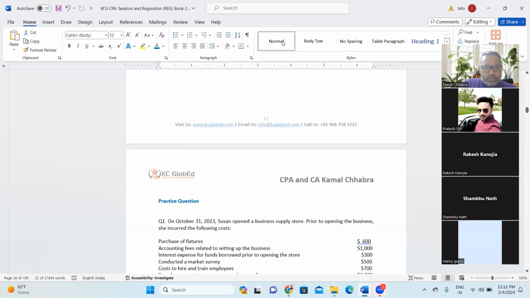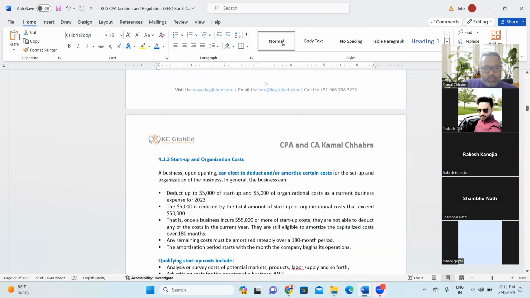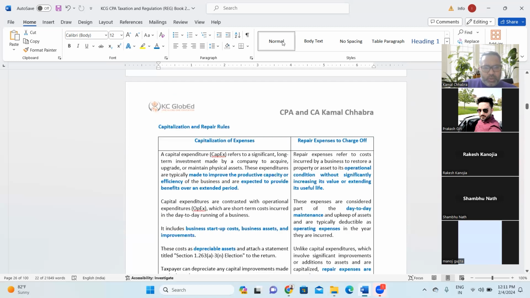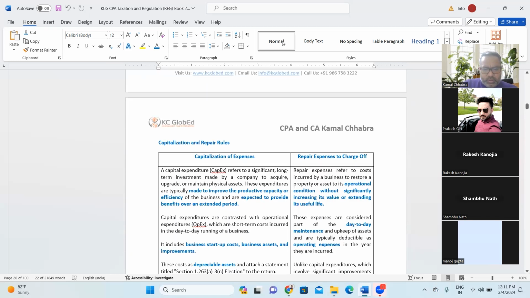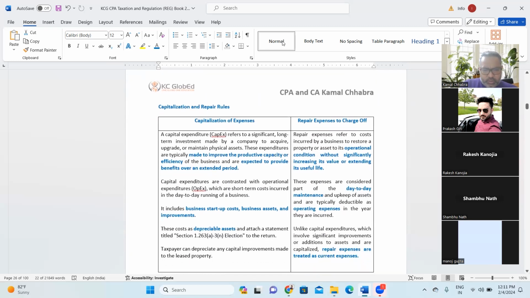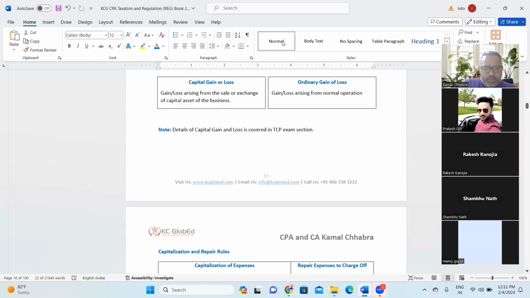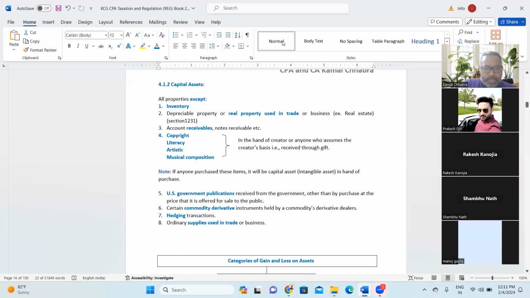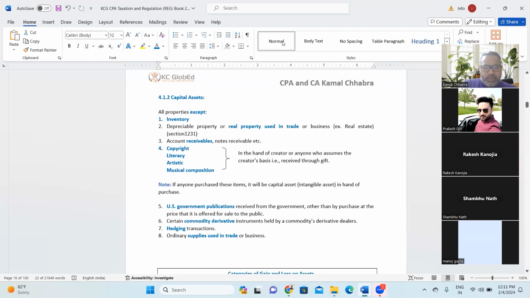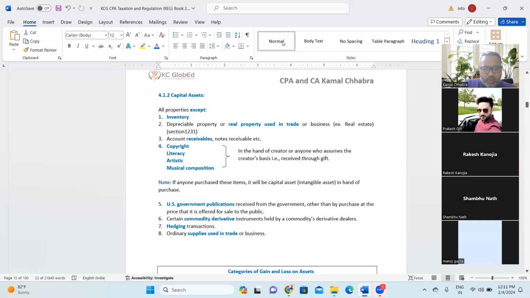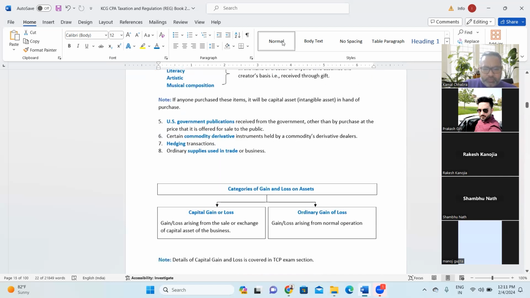I think it went down. It was there, 12 months mentioned. I'm sure you might have mentioned capital expenditure in contrast with operational expenditure, which is short-term. I'm sure it will be mentioned somewhere, but if not, then here in capital asset, I'll add one line for you.